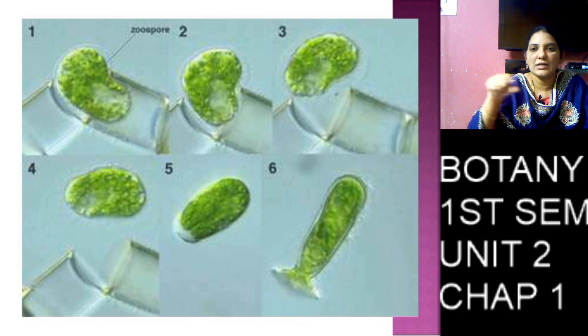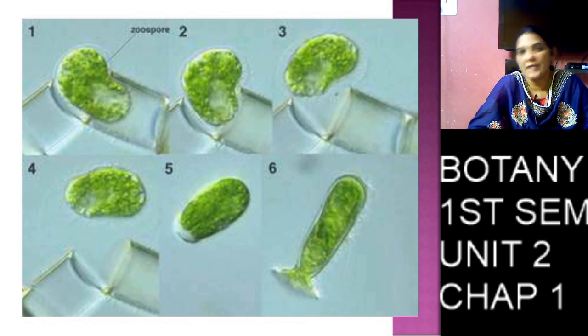So many flagella are present at the upper side in the half-moon structure. It looks like a cone-shaped structure. This type of flagella is called stephanokont flagella.